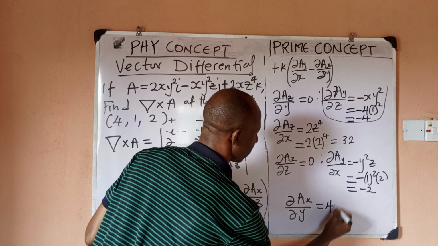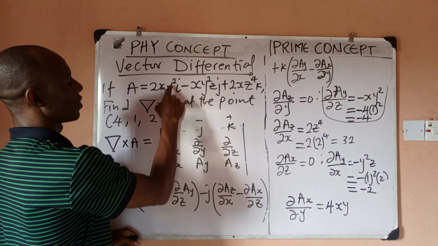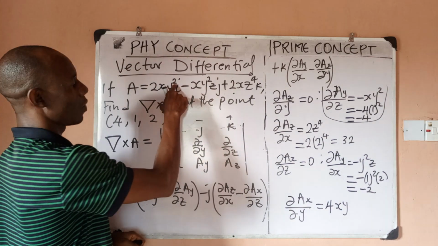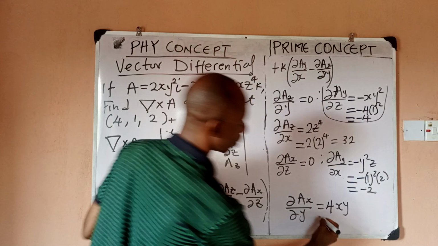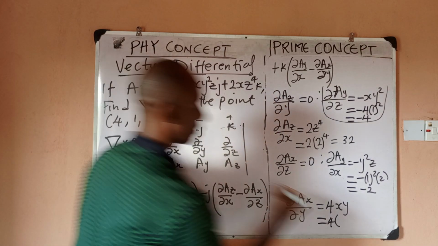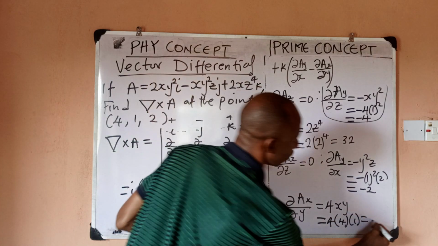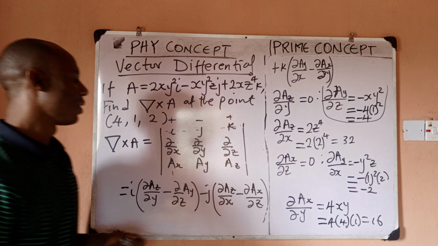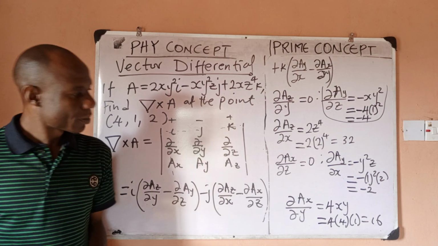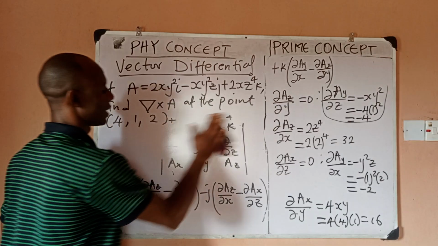So I have 4x, then y, because you subtract 1 from this power, it will be 1. If I substitute, I have 4 into my x is 4, and my y is 1, so I have just 16. Now I'm done, so I just substitute and get my final answer.